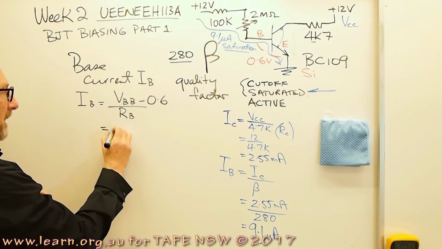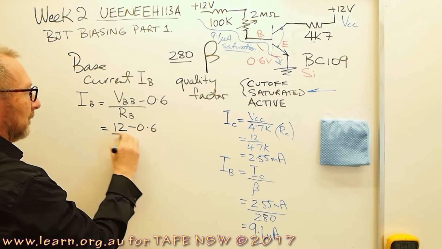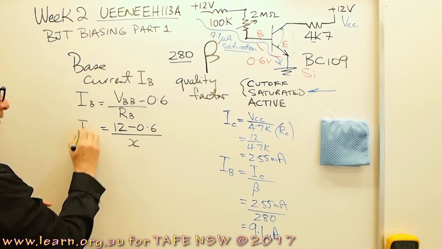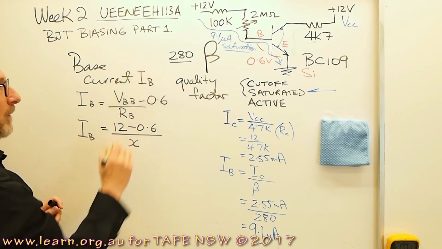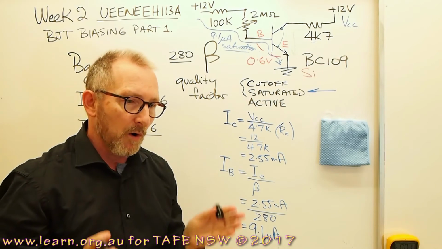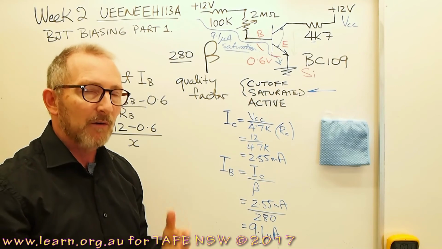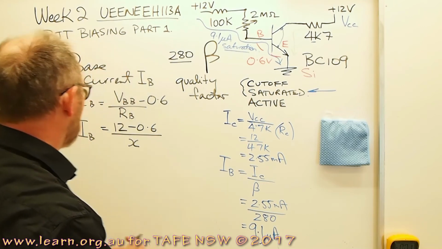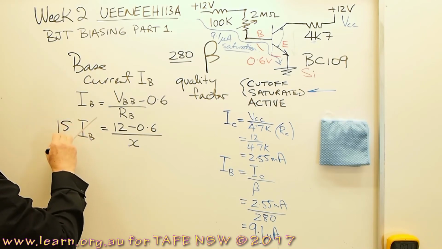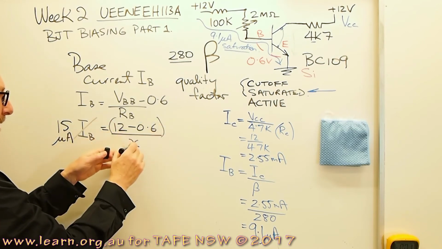So in this case it would be 12 minus 0.6 divided by X, we don't know what that is. We know that IB, we wanted 9.1 microamps, but I'm going to allow more current there for the base. I'm going to take this up to 15 microamps to guarantee that we well and truly saturate that transistor. So I'm going to replace that with 15 microamps. 15 microamps equals this divided by X.